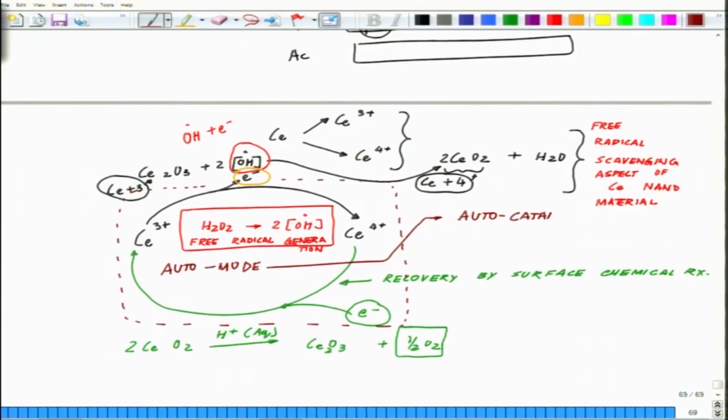And specifically, this autocatalytic process has its own tremendous implications. What are the implications? We will talk about it now.